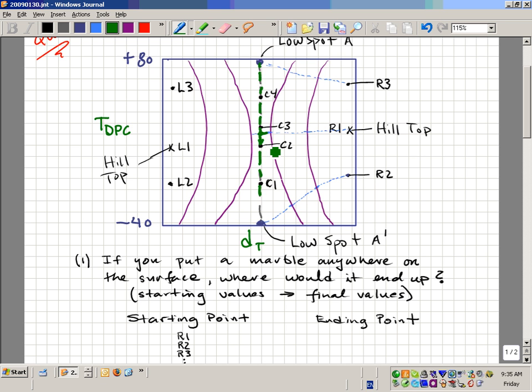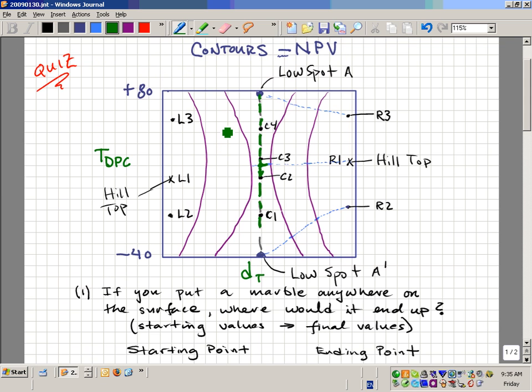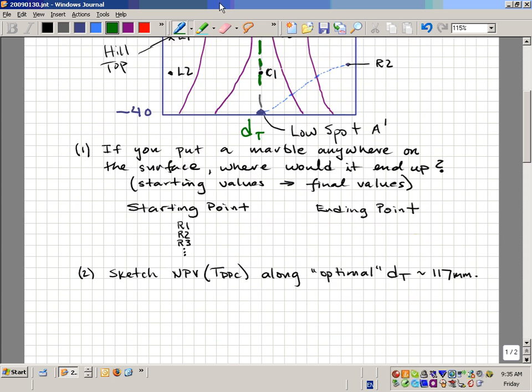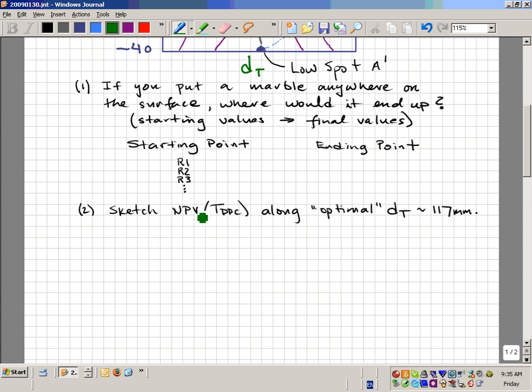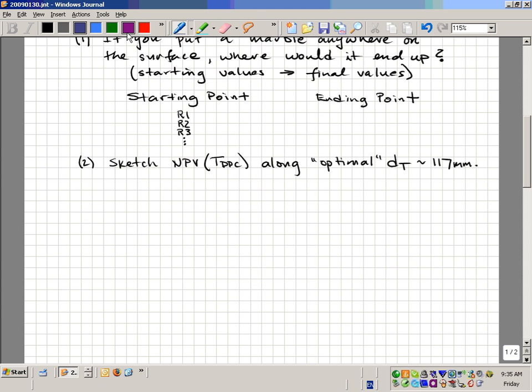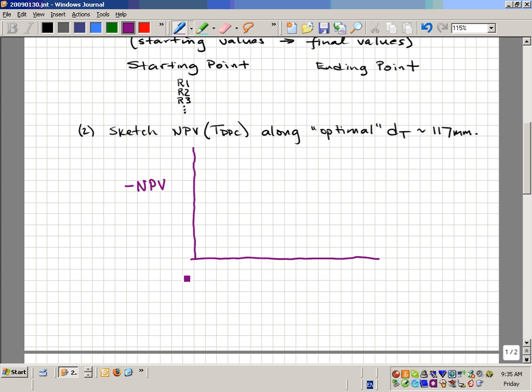So if we draw the net present value along AA prime, there is a chance that we'll do this. Minus net present value, and this is from minus 40 to plus 80.